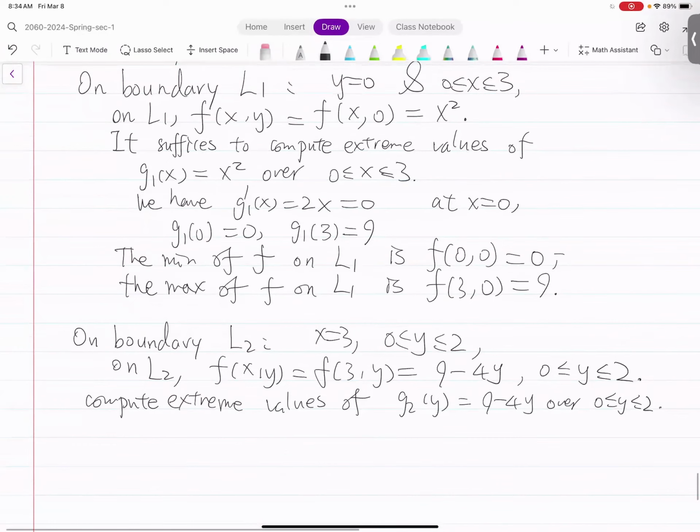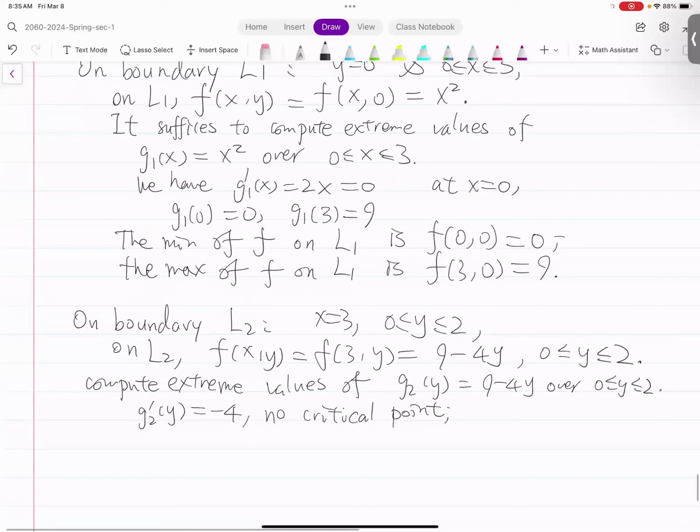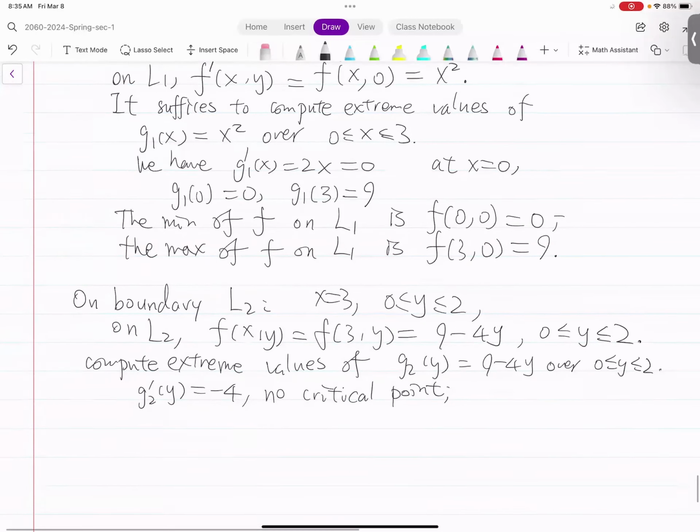And of course, when you're doing the critical point, you take the derivative. But taking the derivative of G2 gives you -4, so no critical point. That tells you we have to just look at the endpoints.